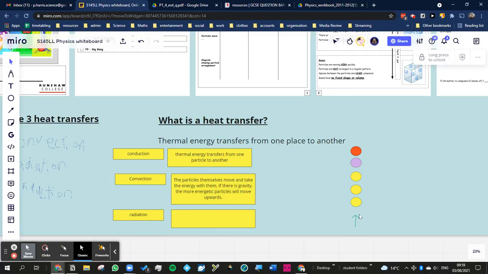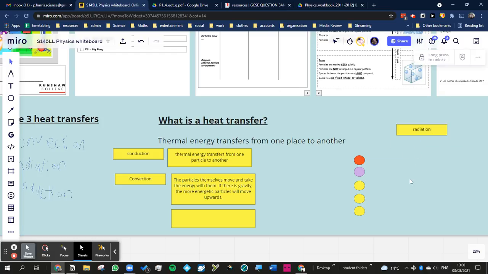So what about if I stopped heating these particles altogether? Let's imagine that there is nothing around them to give the energy to. So there's no walls, it's not convecting, the particles aren't escaping. They will still get colder. For example, if you had a very, very hot, let's imagine you had these particles in the middle of space in a vacuum and there's nothing around in outer space, they will still lose energy.